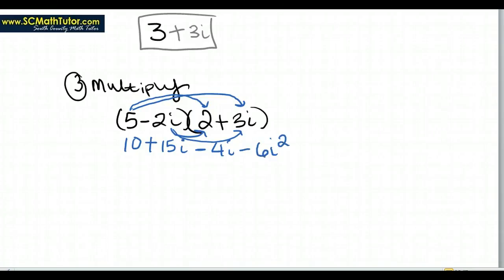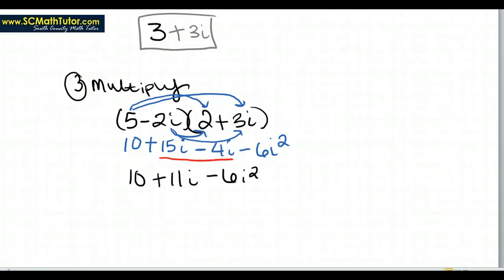Step 2, combine like terms. These two i's in the middle are like terms. Notice I'm not going to combine them with i squared because i and i squared are not the same. So you have 10, and 15 minus 4 is positive 11i, minus 6i squared. Now remember, we don't like powers of i. We don't want our i's to have exponents.